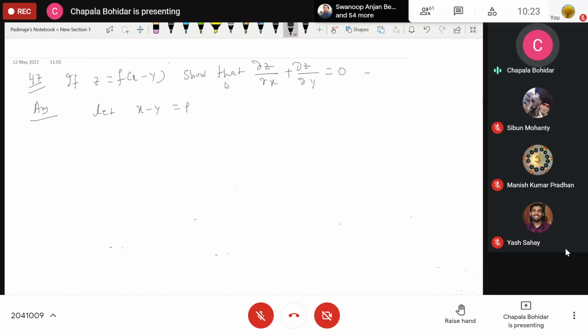So now I am writing by using the chain rule. Del z by del x is equal to del z by del p, then del p by del x. P is the function of x, y. Okay.